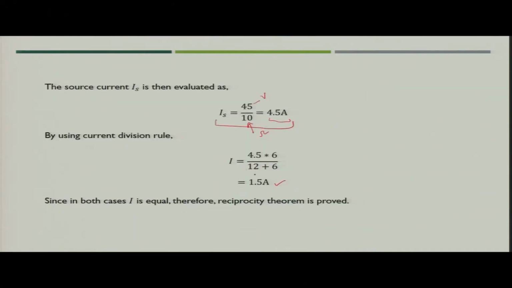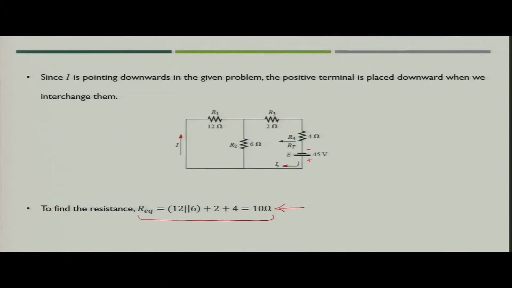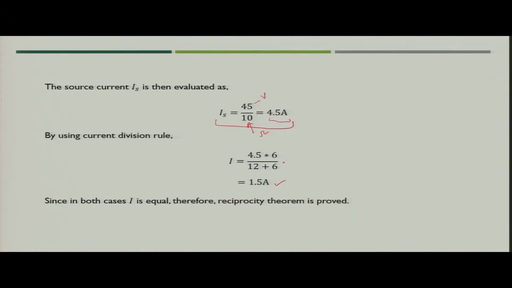So, 12 ohm plus 6 ohm has come in the denominator, 6 ohm is the value here. So, we follow the current division rule and it will come out to be 1.5 ampere. So, we can see now in both of the cases the current I is same. So, that means that we can say that the reciprocity theorem is justified in this particular circuit.